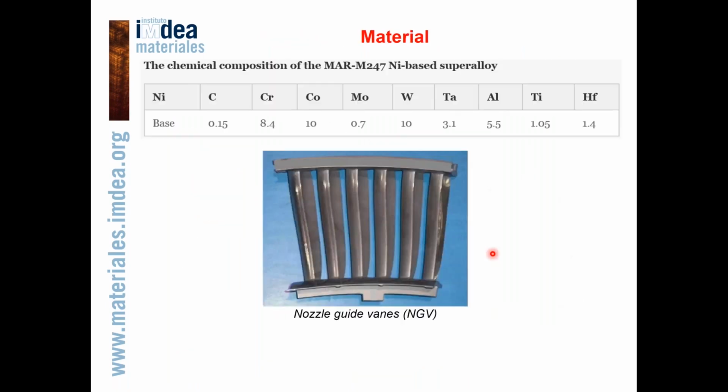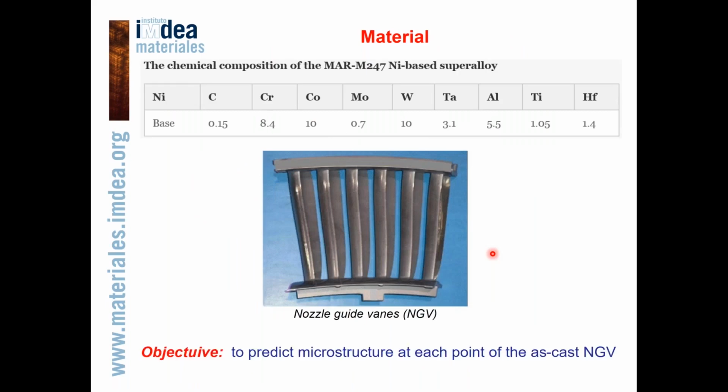So, the main objective of this project was to predict microstructure at each point of the as-cast nozzle guide vanes, which are produced via investment casting process. The common material for manufacturing these complex shape parts is Inconel 718, and here it was produced using a MAR M247 nickel-based superalloy, which can show a better mechanical performance at higher temperatures.